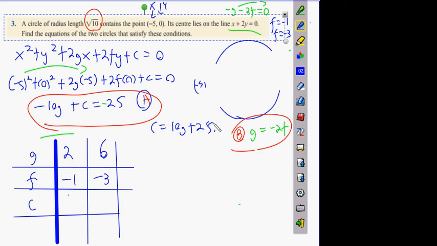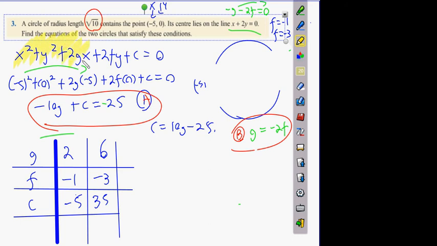So we're going to get 20 minus 25, which is -5. And the other one is 60 minus 25, which is 35.